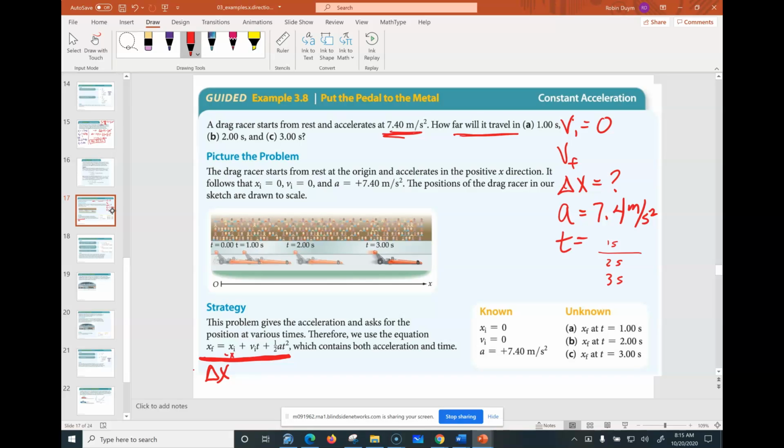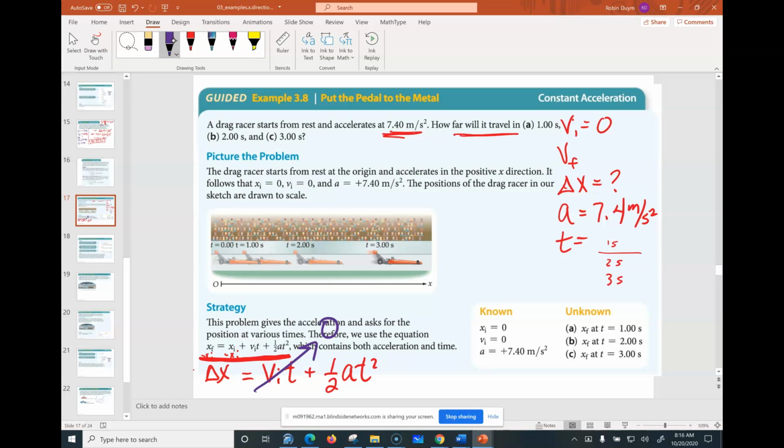I'm going to subtract x initial from both sides. And I'll get initial velocity times time plus 1/2 the acceleration times t squared. What's my initial velocity in this problem? 0. We love when things are 0 because they drop out and make life a little bit easier. So now all we really have to look at is 1/2 of the acceleration times t squared.